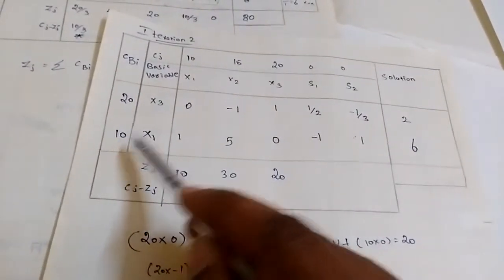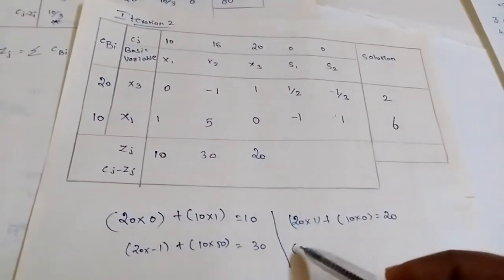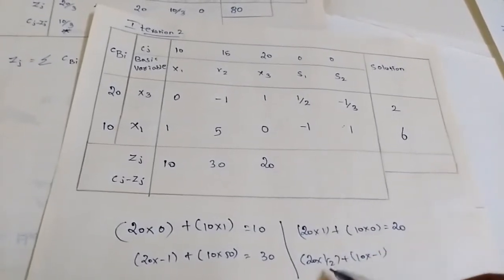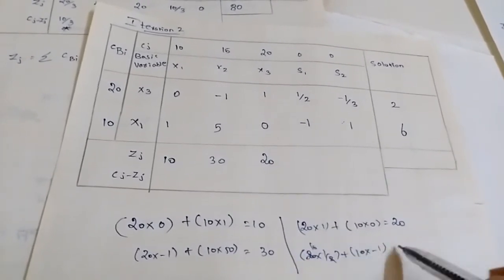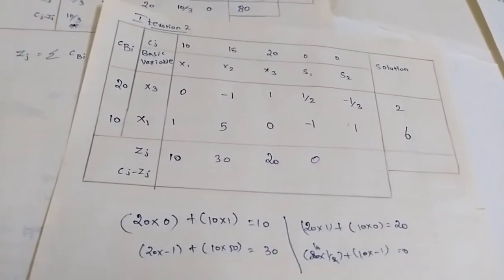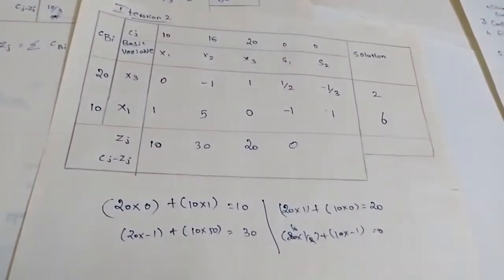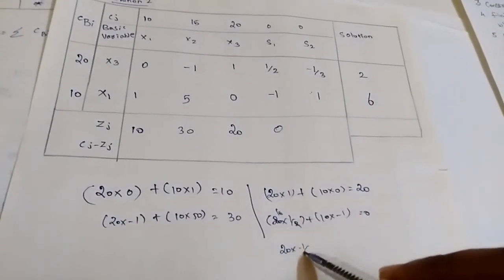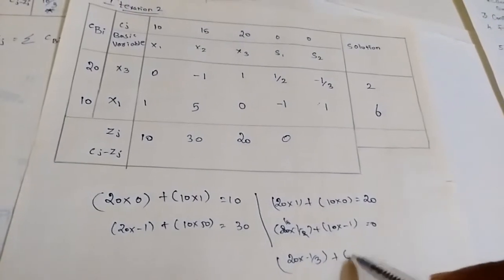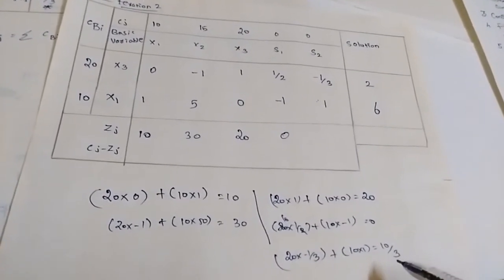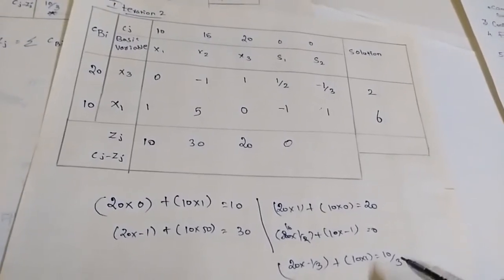Next value is 20 into 1 by 2 plus 10 into minus 1, 10 minus 10, 0. Then 20 into minus 1 by 3 plus 10 into 1, which will come as 10 by 3.